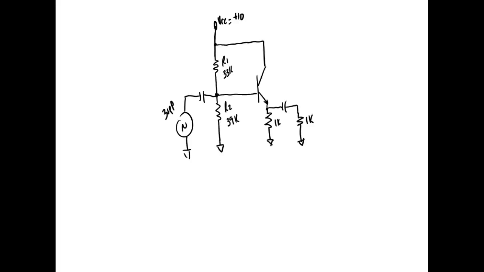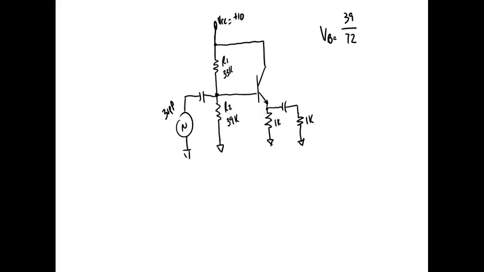Okay, guys, what's the first thing we need to calculate? VB. So what's VB going to be equal to? Good, 39K over, oh, 72K, right? It's over the sum. 39K over 72. Notice I left the K out.